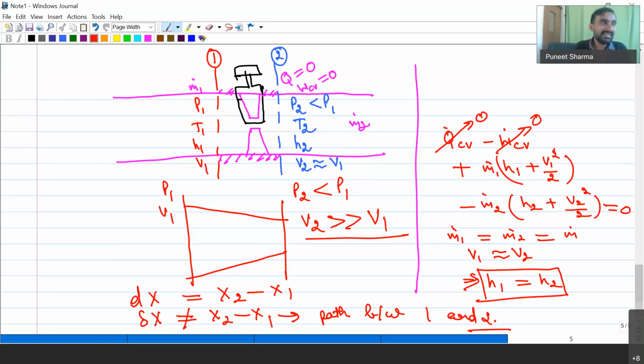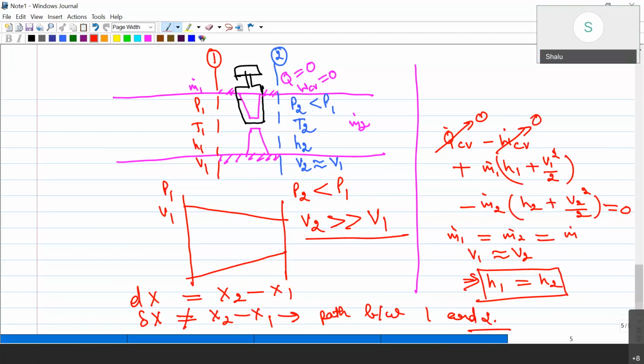So it means these depend upon the path of the process. Anything which depends upon the path and is not defined at the thermodynamic state of the system, I cannot write as the difference of the magnitude at thermodynamic states. Okay, sir, got it.